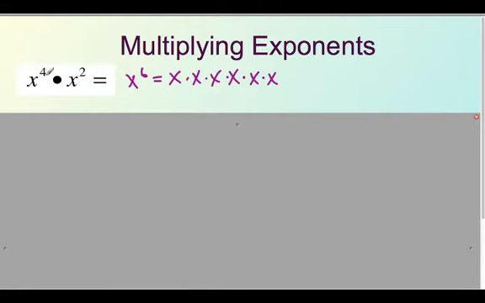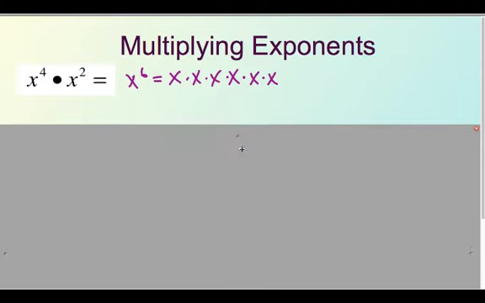So we can just add these 2 exponents together as long as the base is the same and as long as we're multiplying. If we're adding here, it doesn't work anymore. We can't add x to the 4th and x squared, but we can multiply them together, and then we add the exponents together. That's the first little bit.